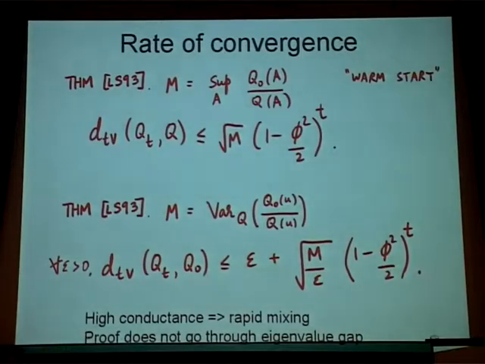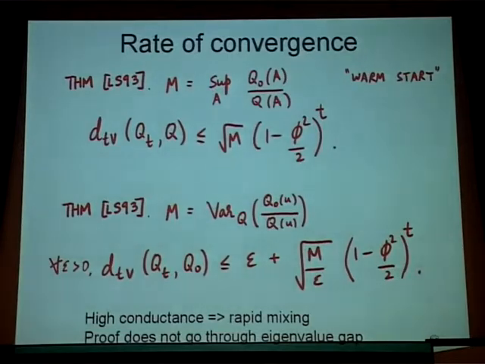This phi is the conductance, and t is the number of steps. So every 2 over phi squared steps, your distance is getting cut by a constant. Okay? So if phi is large, 2 over phi squared is small, and so your mixing is fast. So you would like phi to be large, you would like phi to be inverse polynomial, at least inverse polynomial in the dimension.